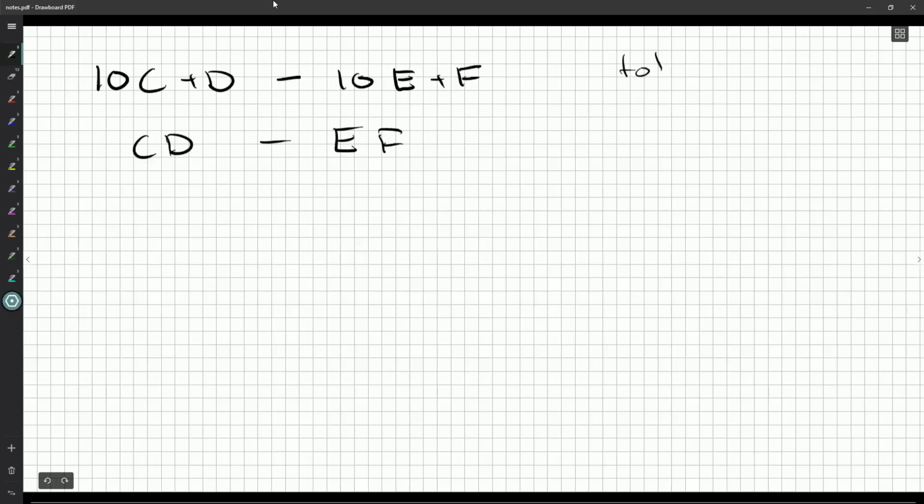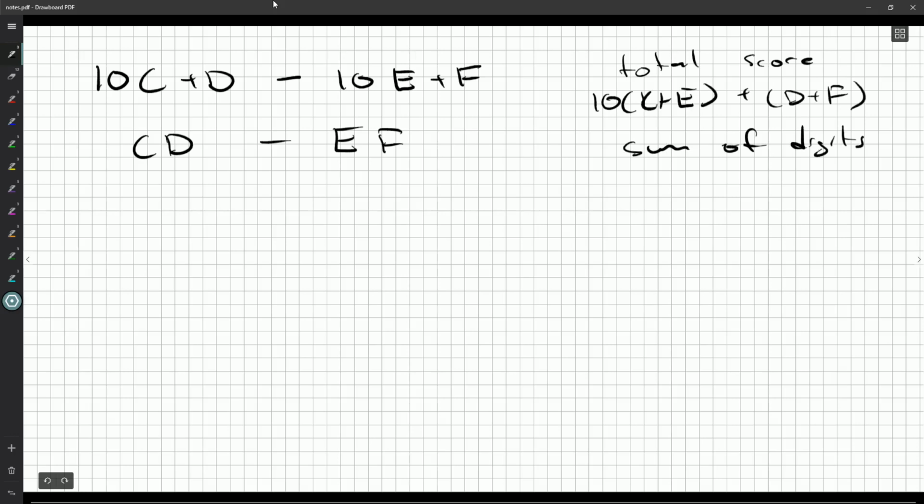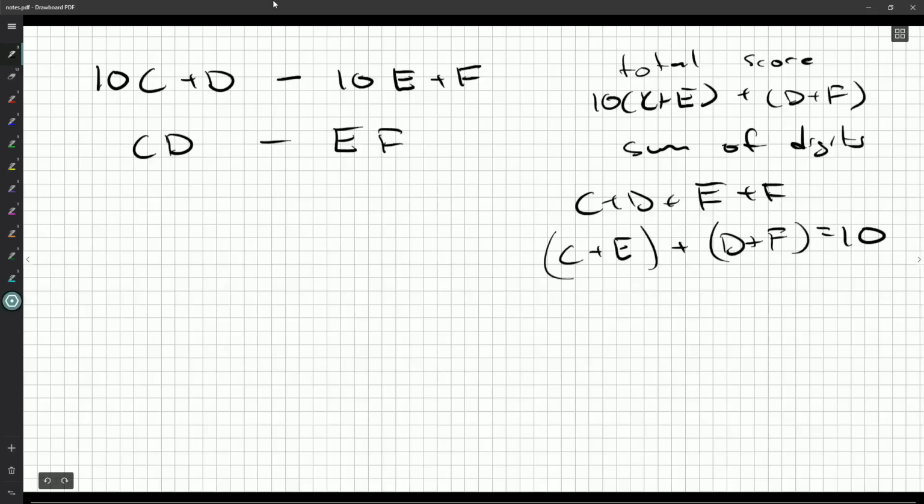The total score would be 10C plus E plus D plus F. But the sum of the digits would be C plus D plus E plus F. And I can group these, I guess, and I want that to be equal to 10.